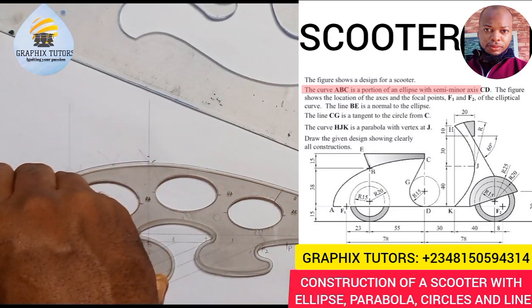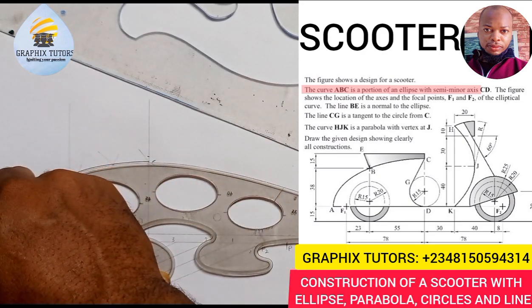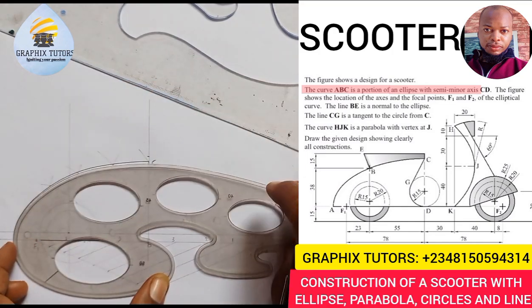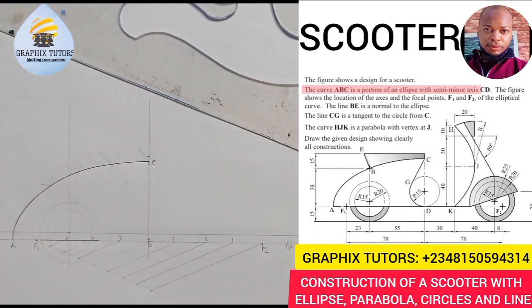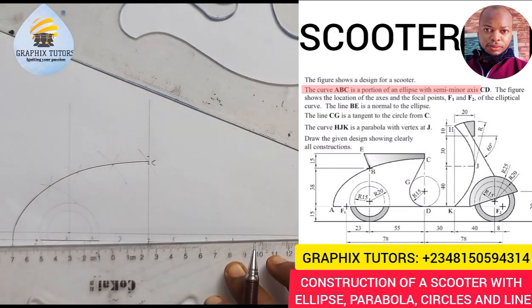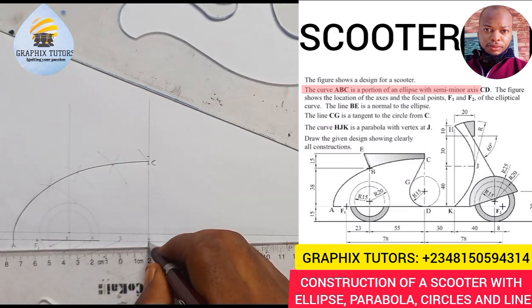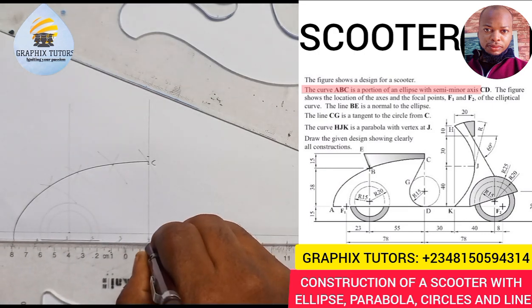Now we have this to this. This way is missing, so at that point you now join it together with the line of the scooter here. Just join it straight ahead.